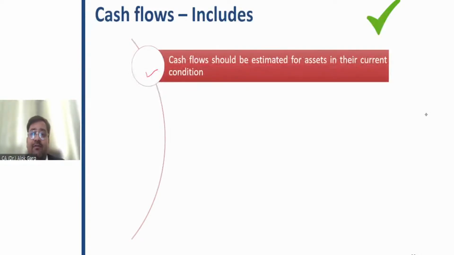The standard says that the cash flow should be estimated for the assets in their current condition, right? What is meant by current condition? Current condition means whatever you are earning as of now, right? So you have to take the cash flows as per the current condition only. For example, tomorrow you are expecting that after 3 years there will be improved technology.